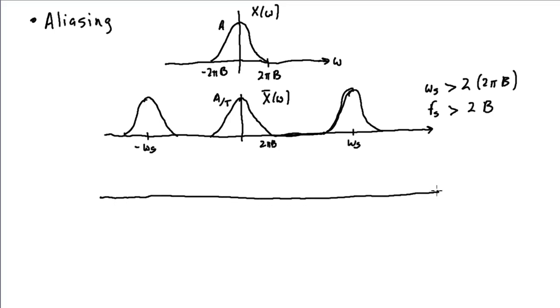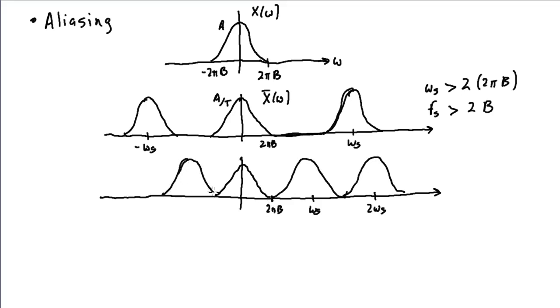let's look at what happens as I reduce the sampling frequency here. I'll draw an intermediate picture where I just meet the sampling criteria. I've reduced omega s so that these replicas are just bumping into each other, just adjacent. So this is 2 pi B. This is minus omega s.